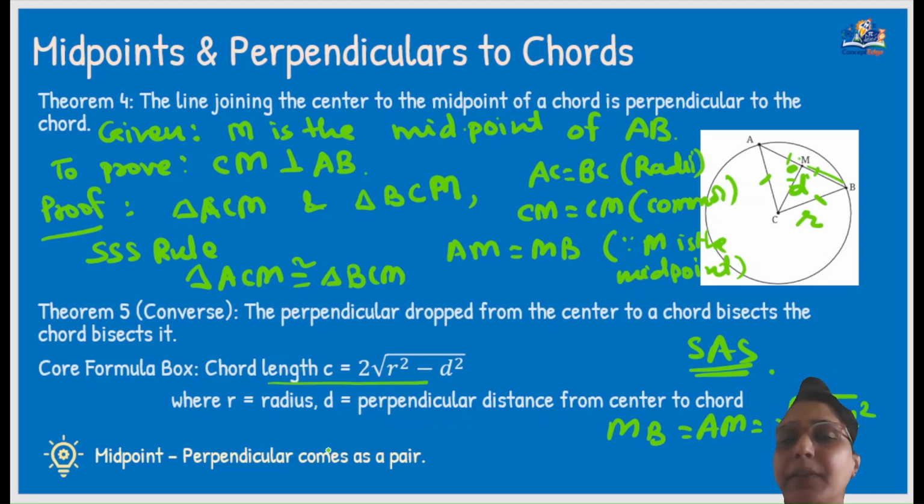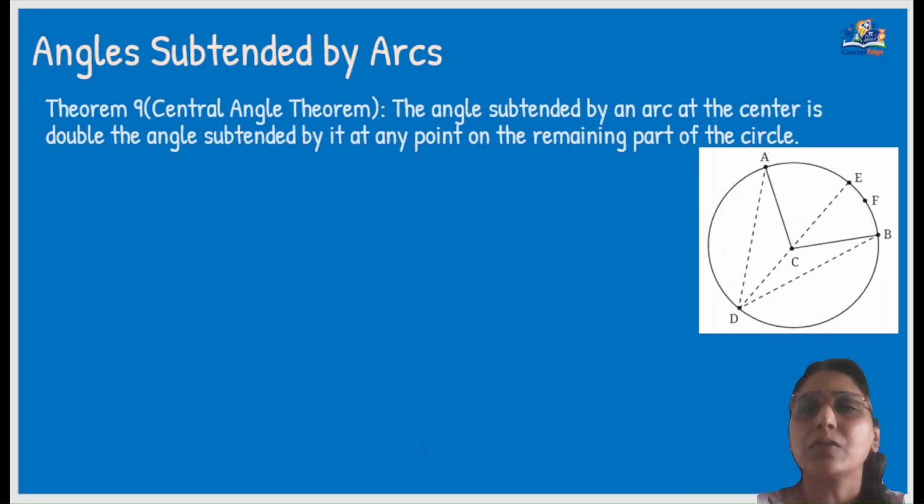So the midpoint and the perpendicular come as a pair, just remember this. We'll start with the important theorem of this chapter, theorem 9, the central angle theorem.